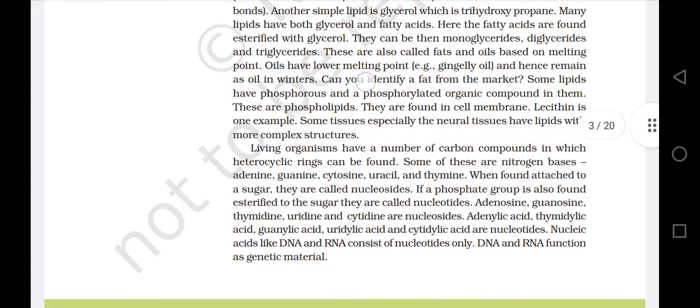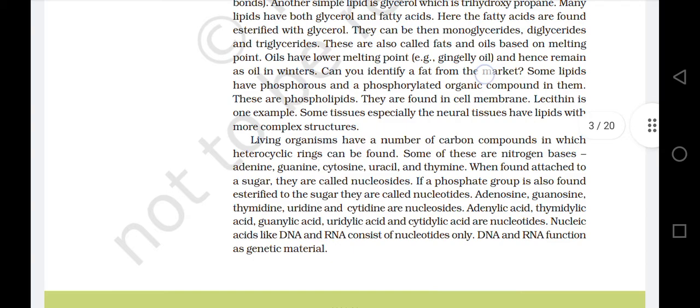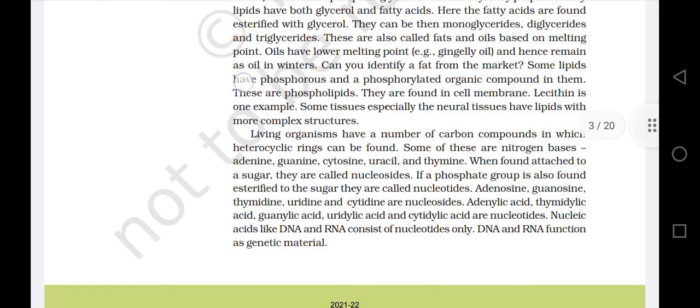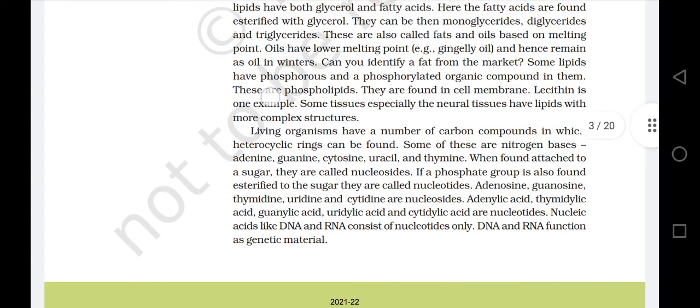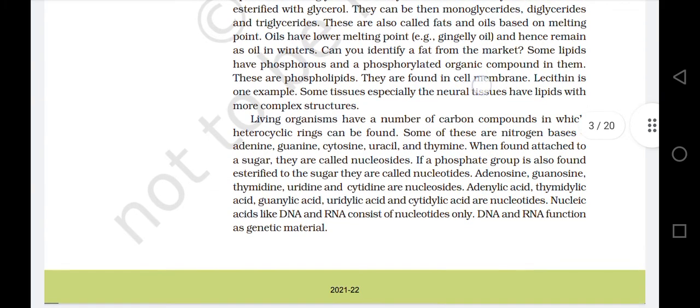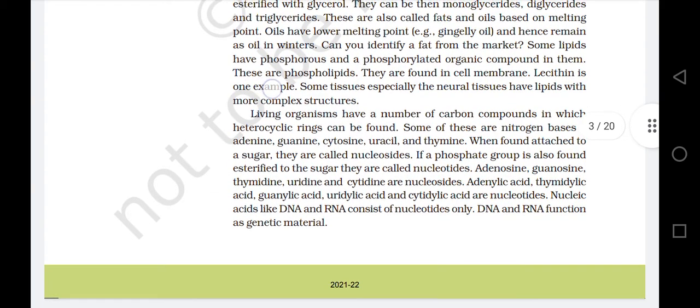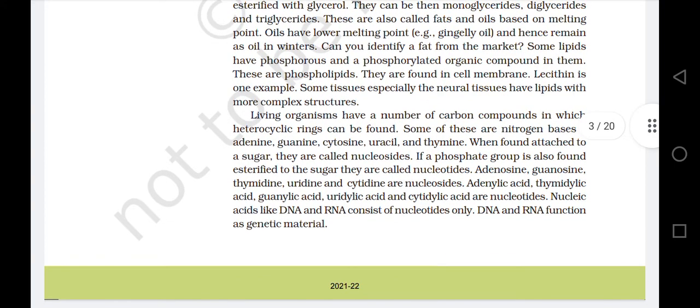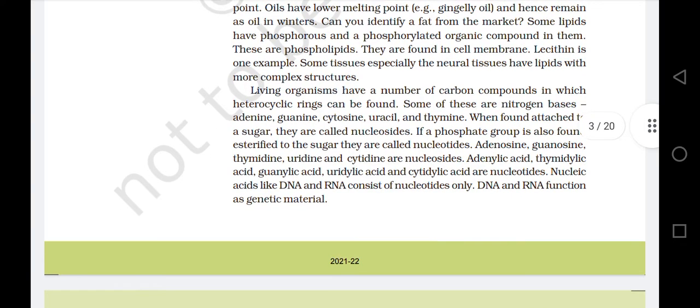Can you identify a fat from the market? Some lipids have phosphorus and phosphorylated organic compounds in them. These are phospholipids. They are found in cell membrane. Lecithin is one example. Some tissues, especially the neural tissues, have lipids with more complex structures.